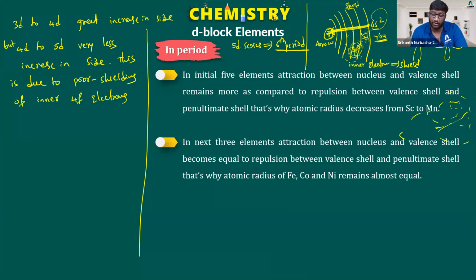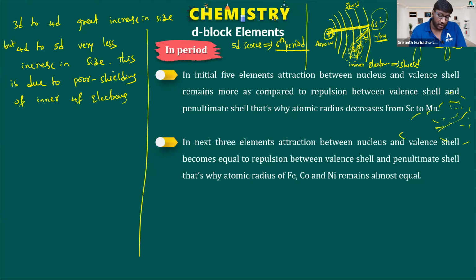You have inner electrons. These inner electrons repel you, so they are protecting you from the arrow. But if the inner electrons are in the 4f subshell, what is the drawback? The shield is there, but it is very, very poor. Why? Because it is dispersed in nature. So there is a lot of empty space, and the outermost electrons can be attracted toward the nucleus.